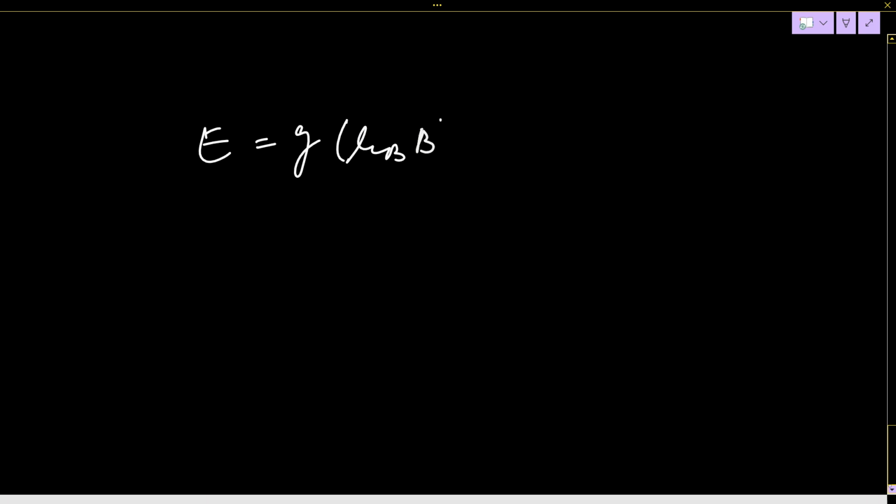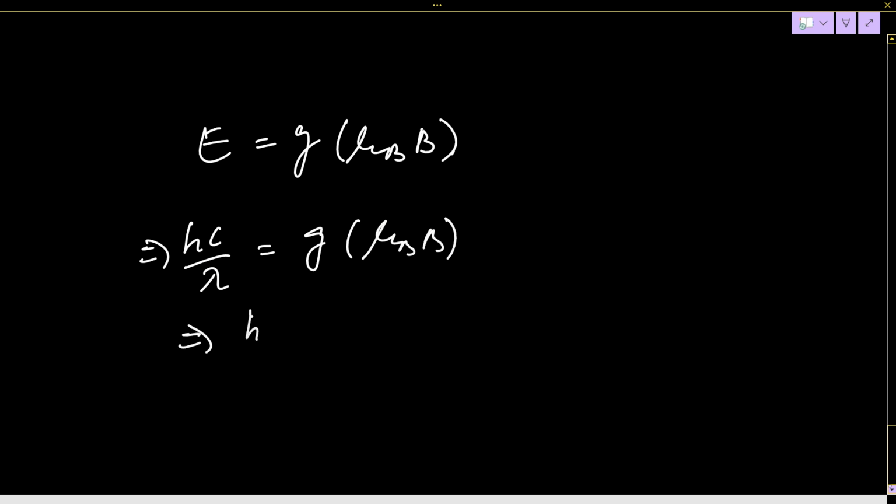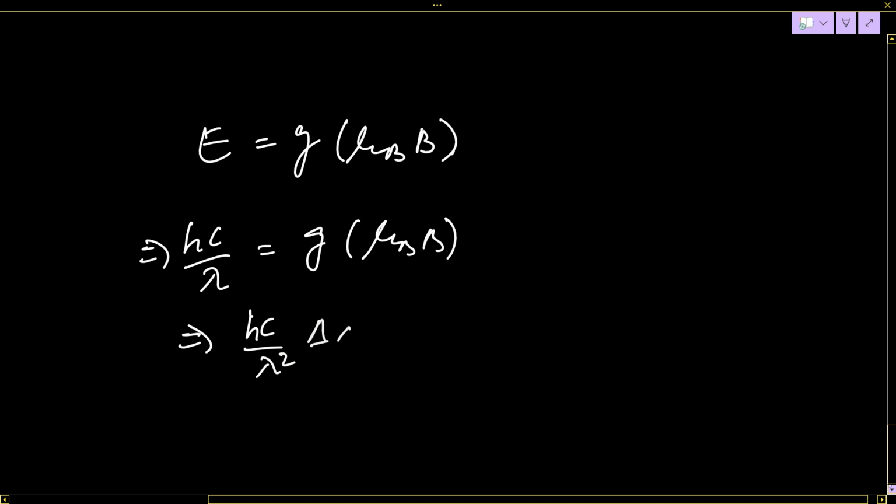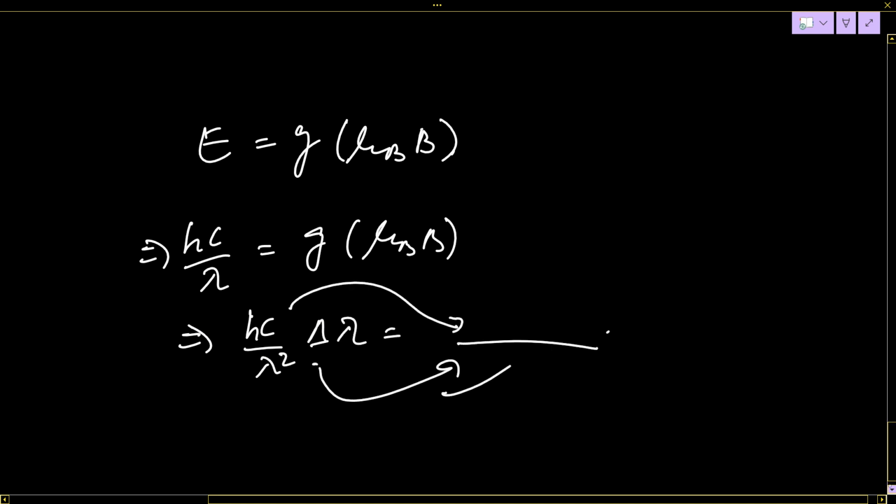Energy how much? E is equal to h c by lambda. Take the derivative. We got h c by lambda square into del lambda, isn't it? So you take everything to this side. So we get del lambda. Okay.